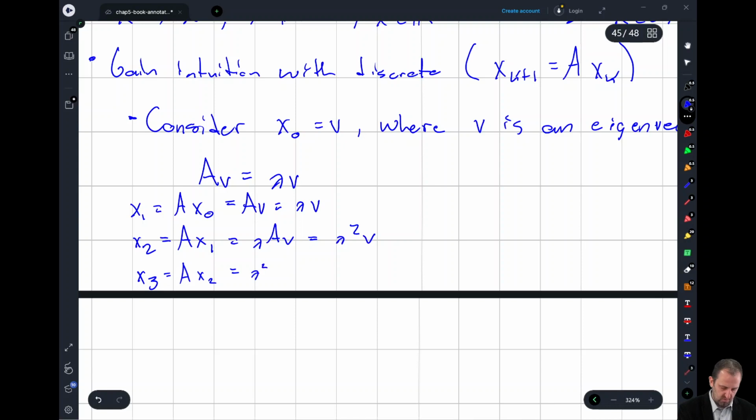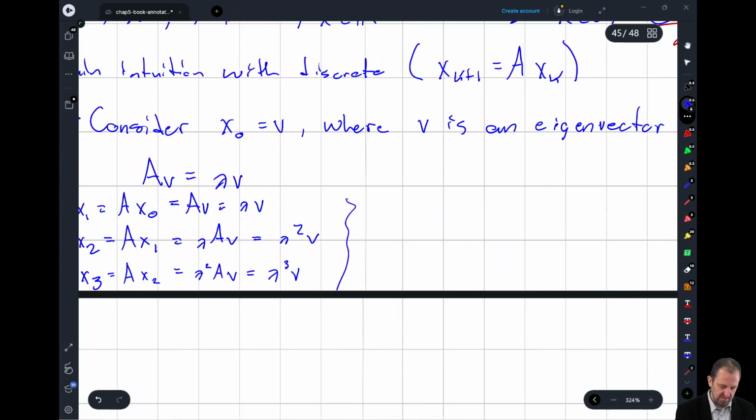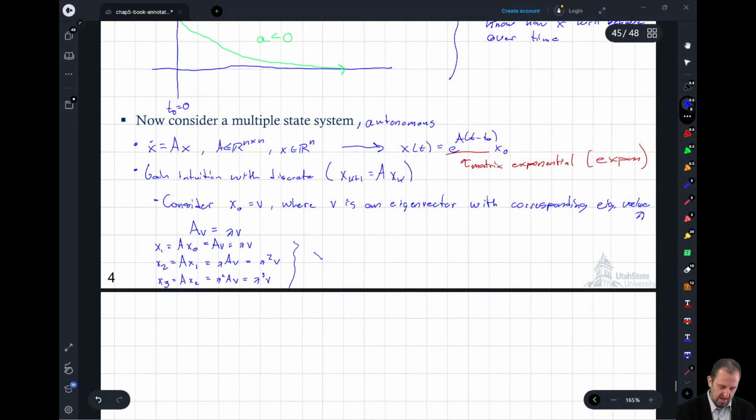We'll have lambda squared times A times v, which is equal to lambda cubed times v. So we could then say from this that x of k will then be equal to lambda to the k times v.